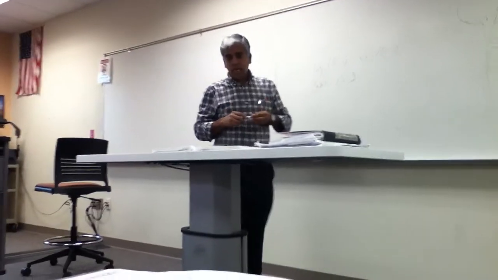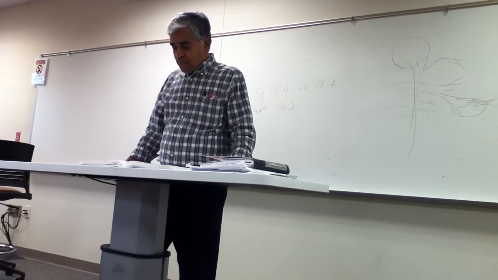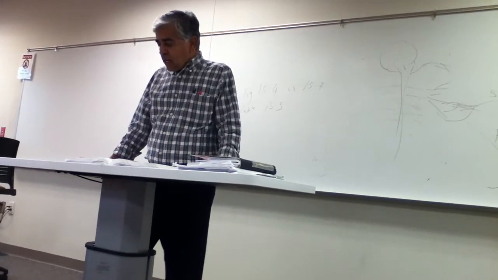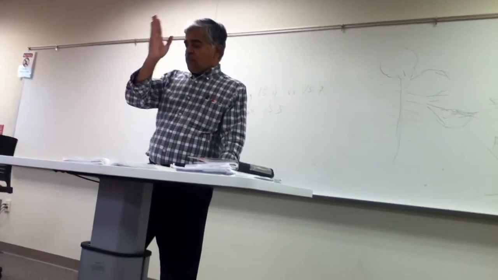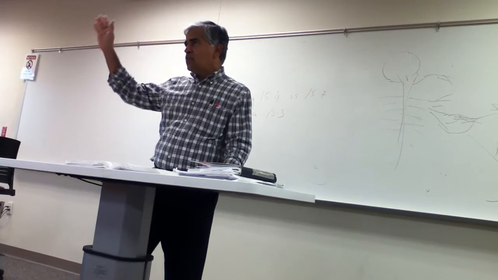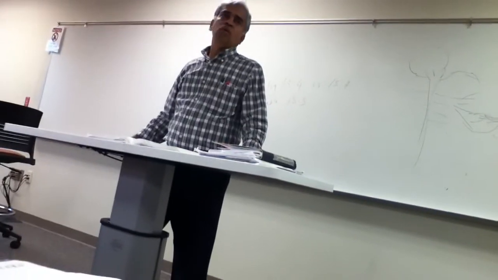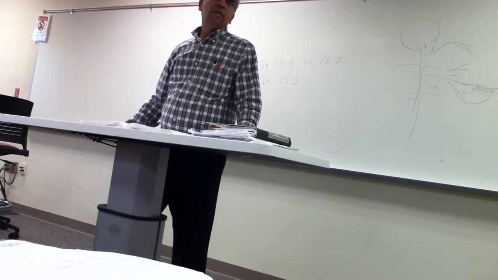So let's see how they compare the parasympathetic and the sympathetic. Parasympathetic, if you see the first synapse between the two nerve fibers and the second synapse with the target organ, what is the neurotransmitter in both? ACH.